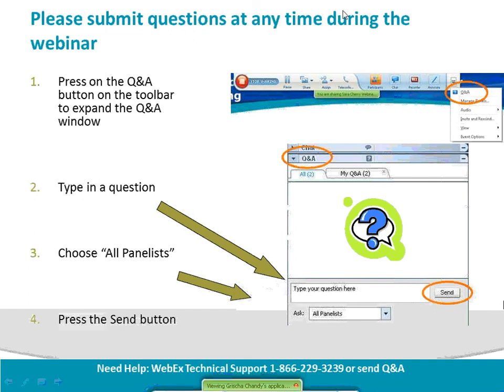Then we calculate Z prime using standard deviation and averages between different wells in each particular assay or plate, using the standard formula. Usually those Z primes are pretty good.